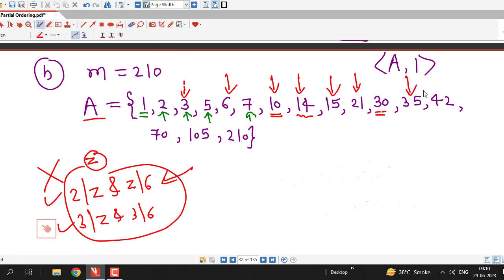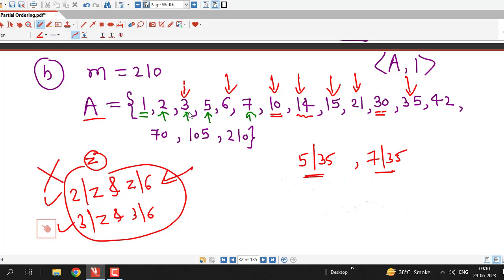Now I check for 35. 35 is a cover of 5, because 5 divides 35 and 7 divides 35, and there is no integer in between. 42 cannot be a cover of 2, because 2 divides 14 and 14 divides 42.